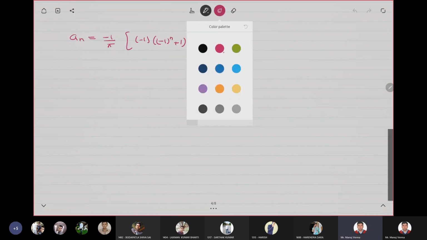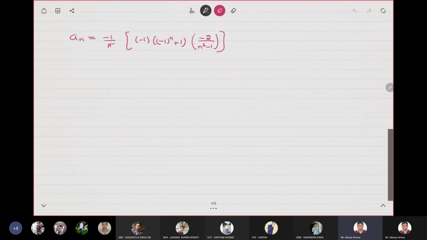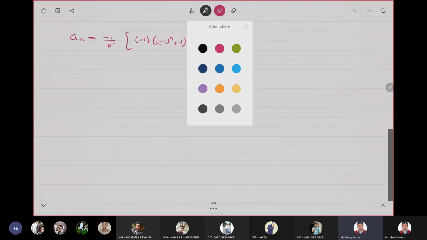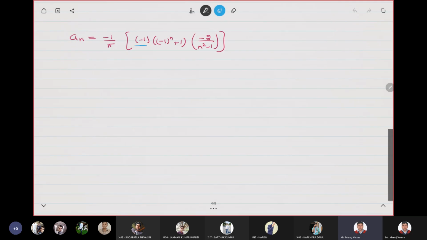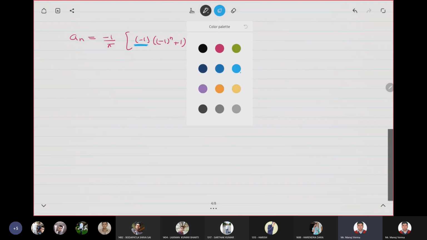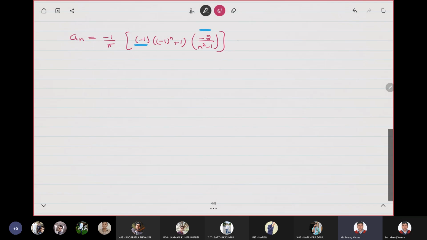Okay, so now what we can do is, we can simply see what will be the value of an for odd and for even n's. What will be the value of this an for odd and even n? Now there are three negative signs. This negative sign can be compensated with this negative sign, and only the outside negative sign will remain in the picture.